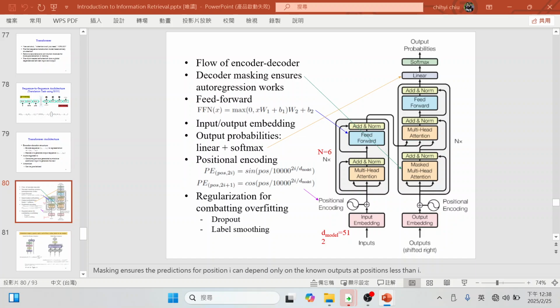For example, the probability becomes 1, and the others should be masked to 0 here.